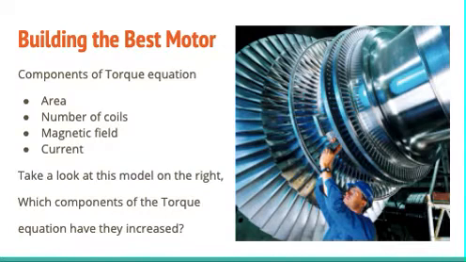Okay, so now that we have the torque equation, we know how to work it, we know how to make a really strong motor. And as I was researching this topic, I looked up on Google some of the strongest motors in the world, and what popped up were really large motors. It was a little surprising at first, but it really shouldn't be, because we know that in the torque equation area is a big component of that, and the larger the area of the motor, the more powerful it can be.